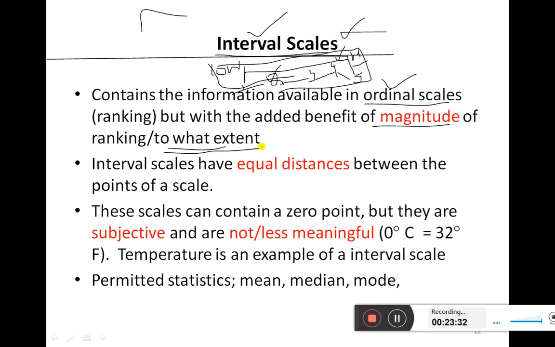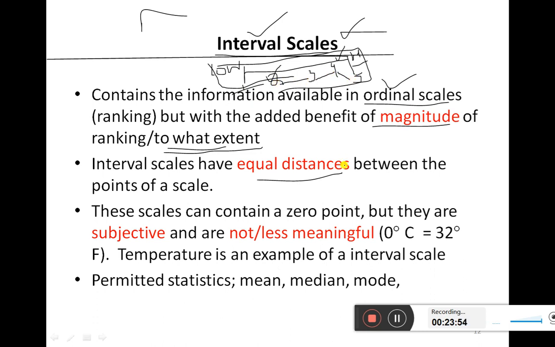To some extent or to a lesser extent, gradability is explained. Now we have that interval scales have equal distances. Whatever the distance between 1 and 2, the same will be between 2 and 3, 3 and 4, and 5.